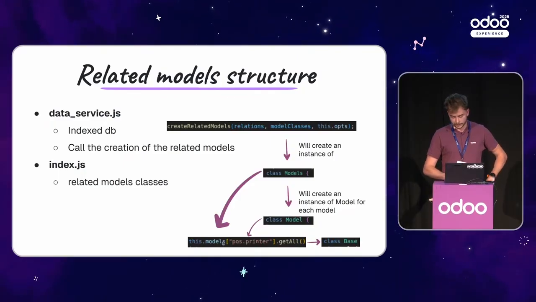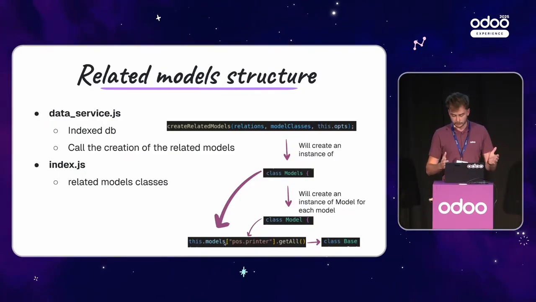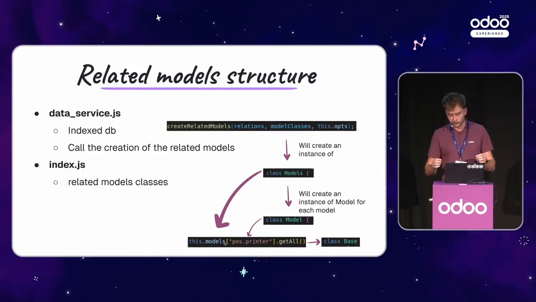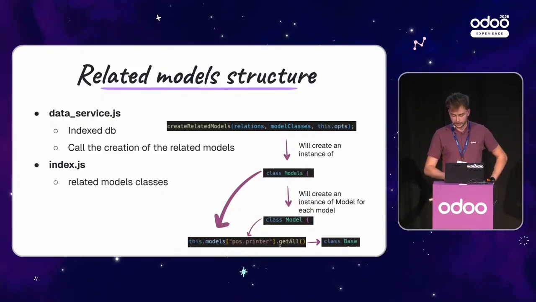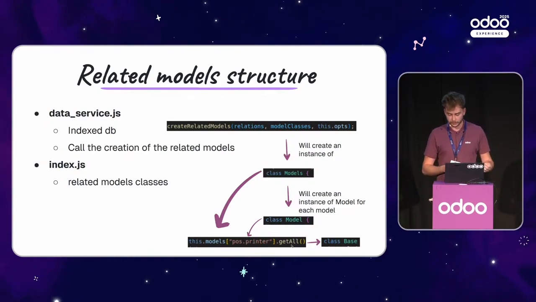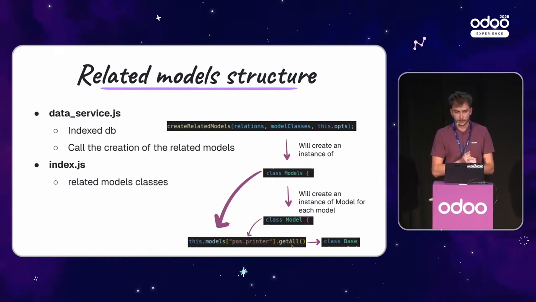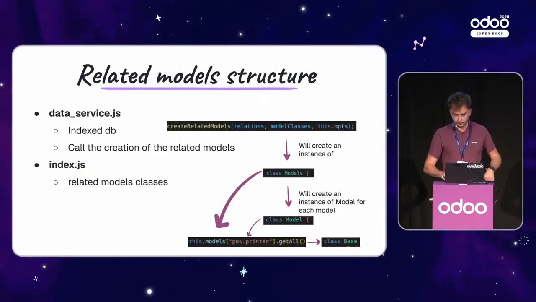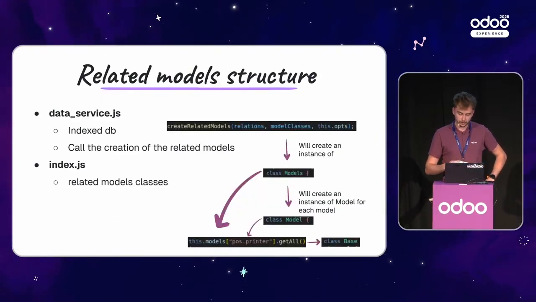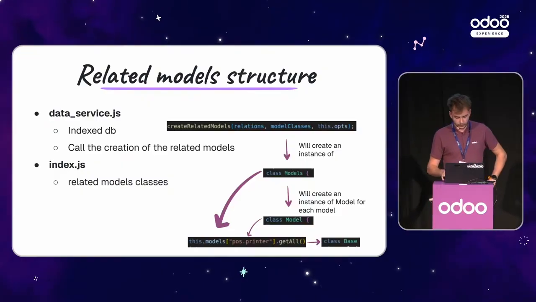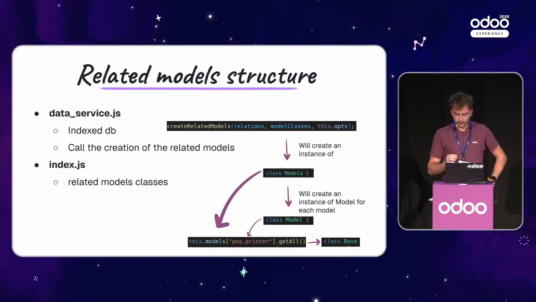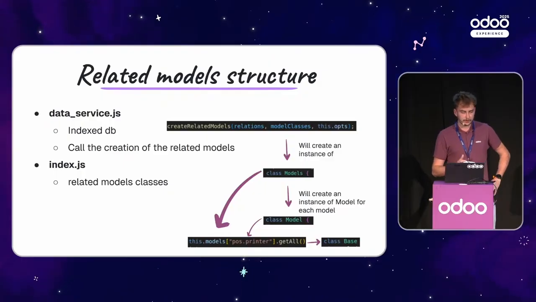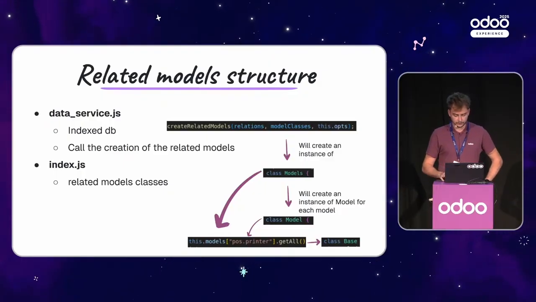Here, for example, we have models, the object that tries to access the model post printer, and if we try to get all the records, we'll see later all the getters we have, it will return a class base as we saw previously. And these classes are declared in the index.js file.